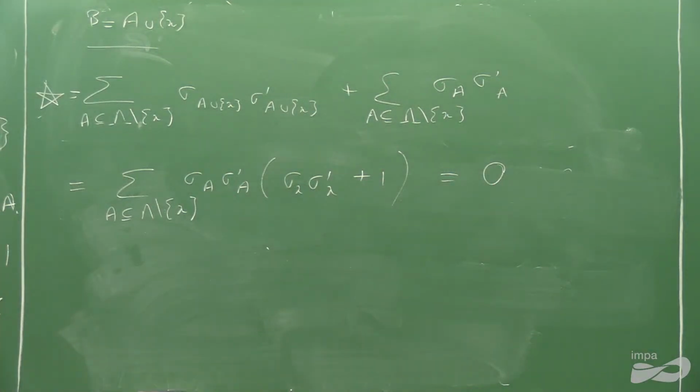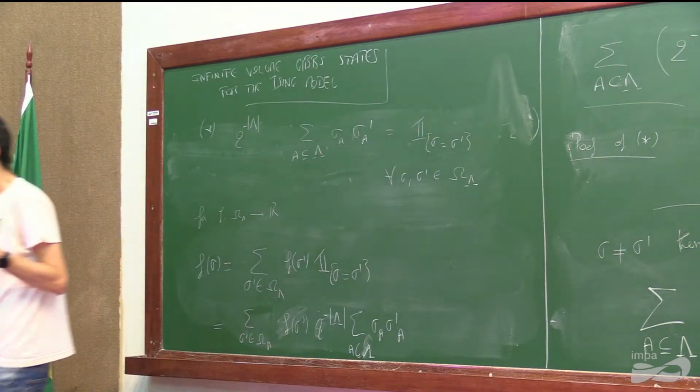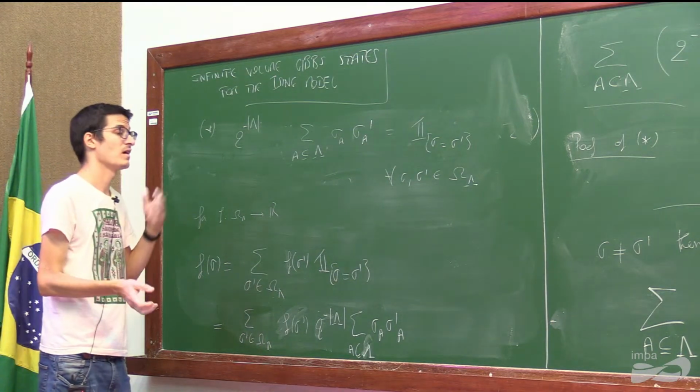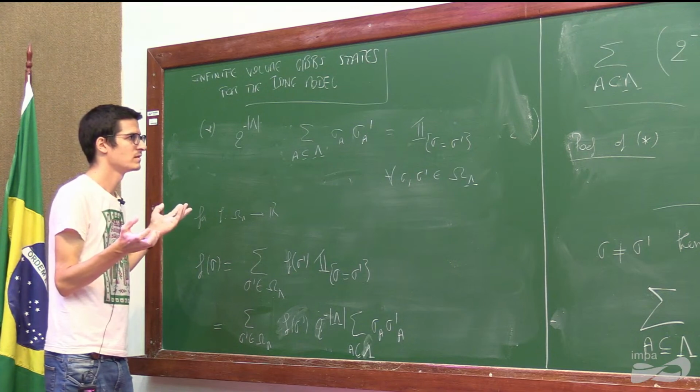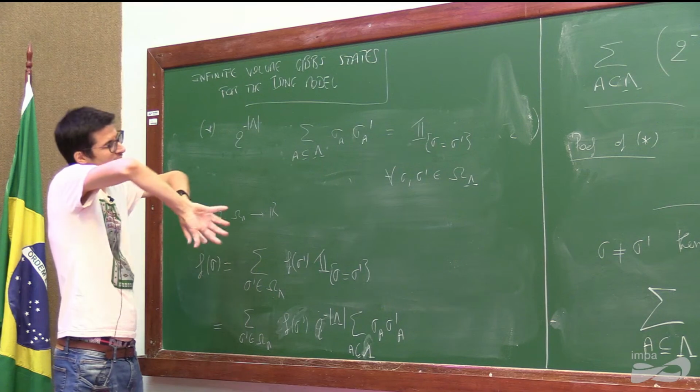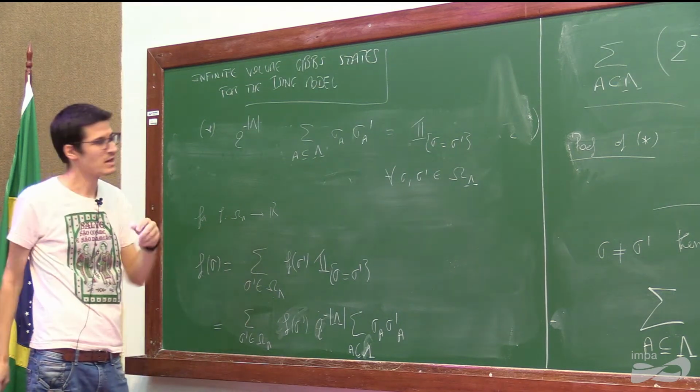Okay, so the idea is that there is one coordinate for which this product is equal to -1. So basically, when you're summing over A here, it's like summing over spin configurations.